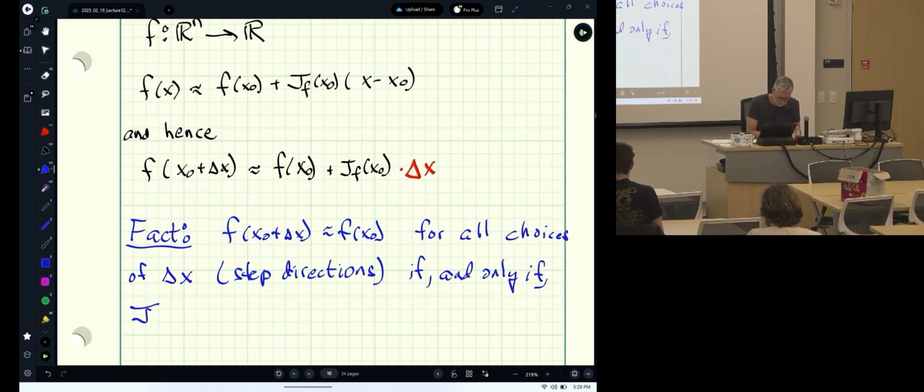the Jacobian at the point is 0. Let's see, that Jacobian is 1 row and n columns.